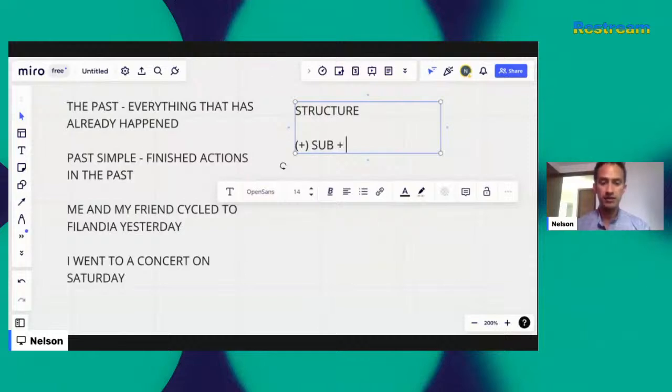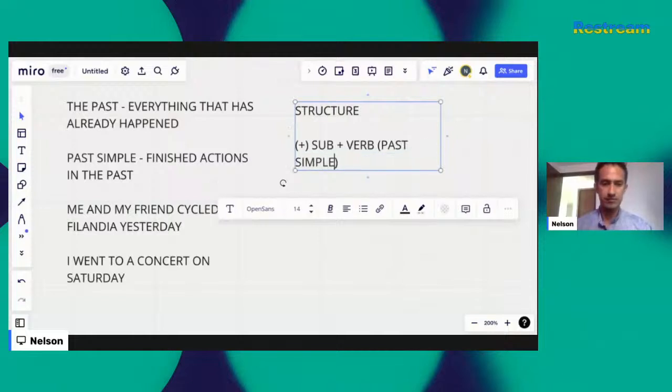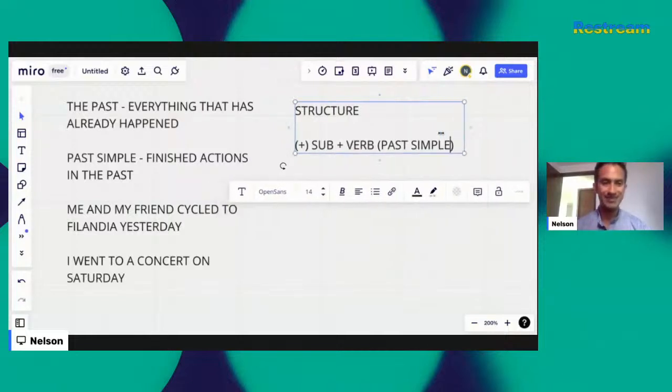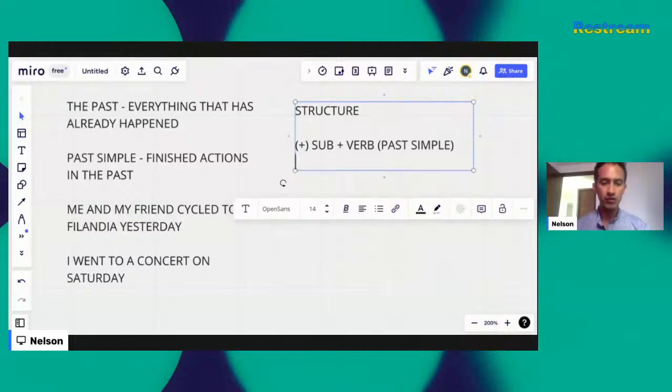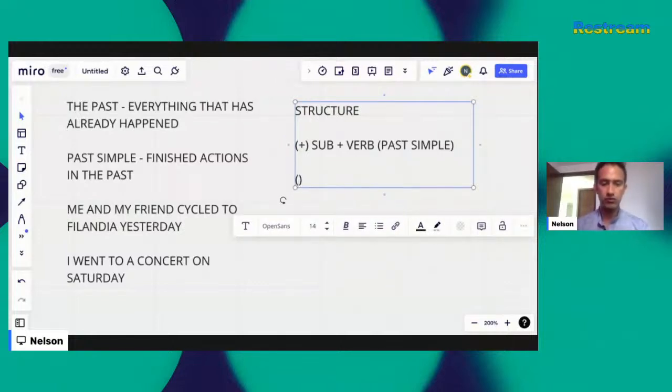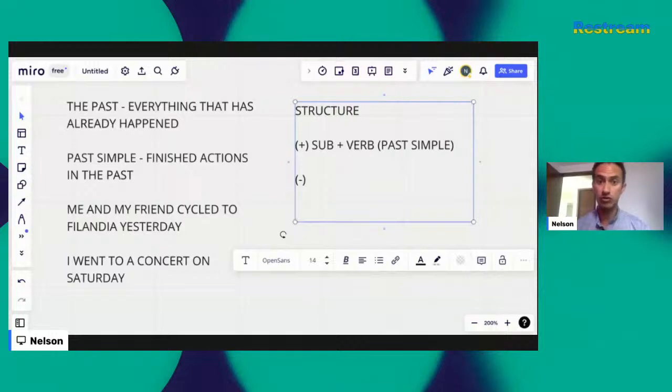Now, when you want to do your negatives and your question forms, we need to use an auxiliary verb. The auxiliary verb, of course, is did for questions and didn't for the negative. Because we are using an auxiliary verb, the verb goes in the base form.